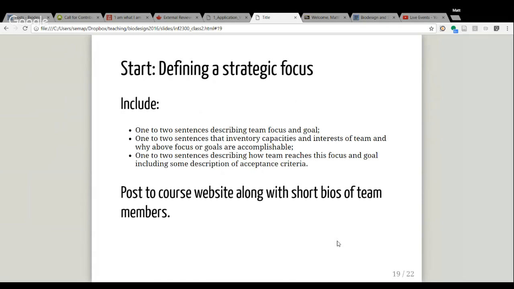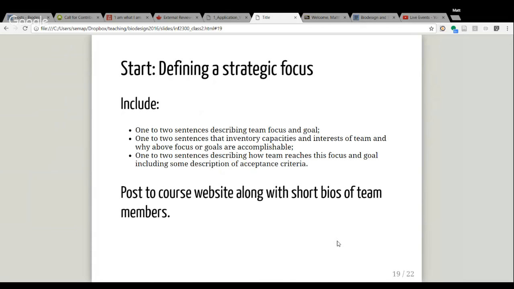Specifically, what I'd like you to try to do and to post on the course website, and you should do this obviously as a team, is 1 to 2 sentences describing your team focus and goal, 1 to 2 sentences that inventory the capacities and interests of team members, and specifically how those match to the focus or goals that you think are accomplishable.